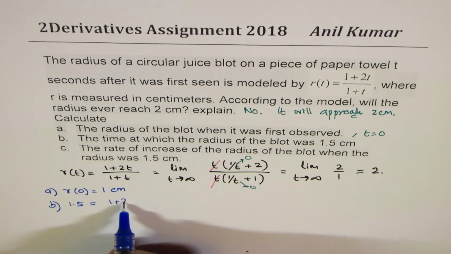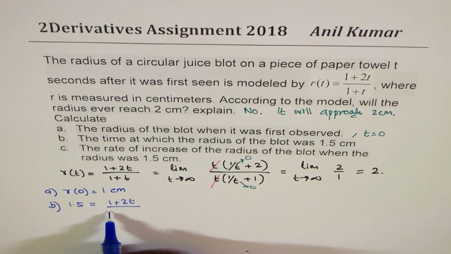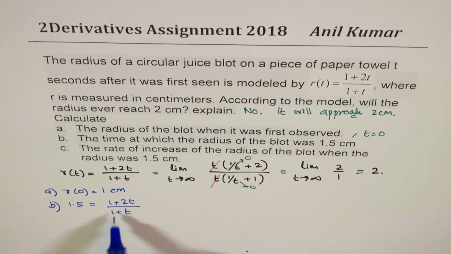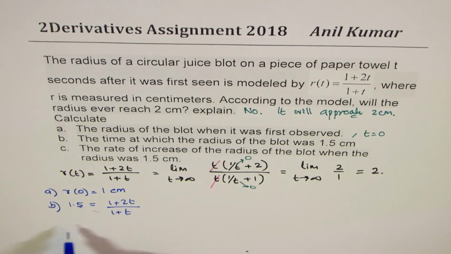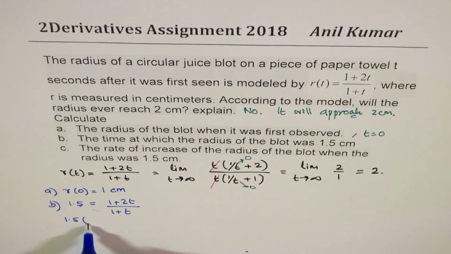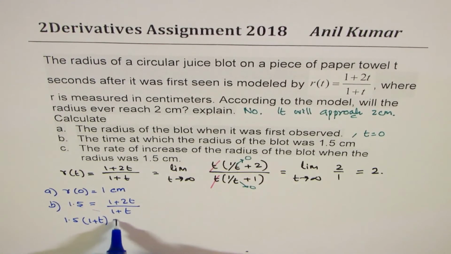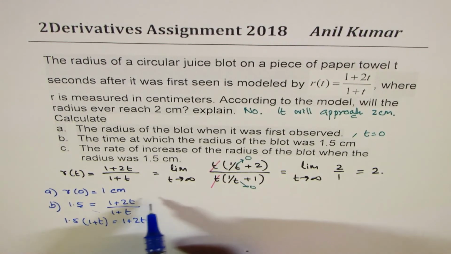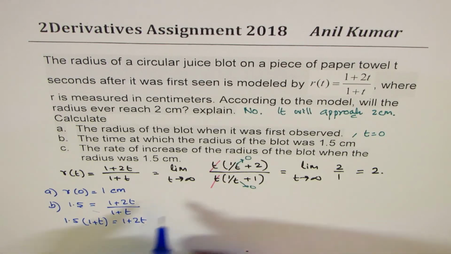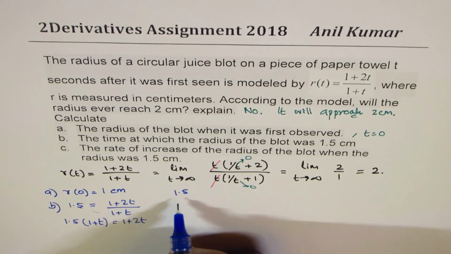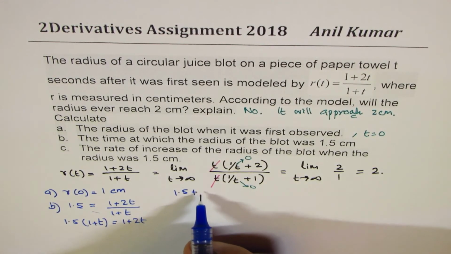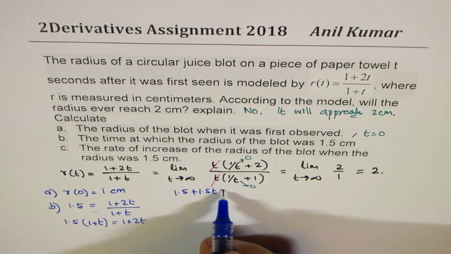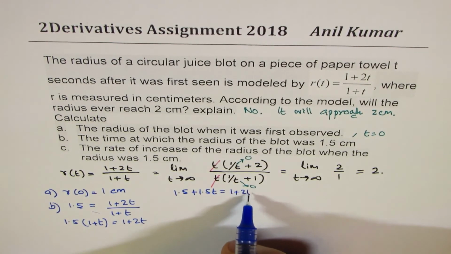We get (1 plus 2t) over (1 plus t) equals 1.5, so you can cross multiply and solve. We have 1.5 times (1 plus t) equals 1 plus 2t. Open the bracket: 1.5 plus 1.5t equals 1 plus 2t.